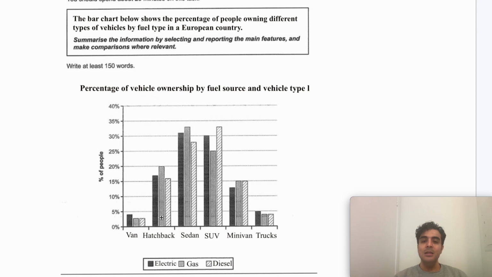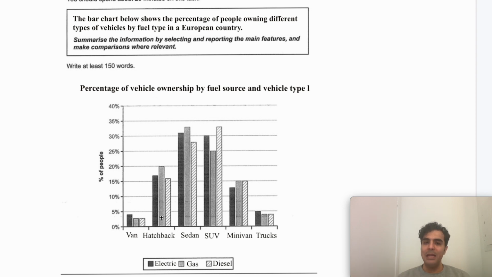You see, it's 20% of owners in the hatchback category who owned gas-fueled vehicles. This is important. If you miss any part of this, or you state it in a different way, chances are you're misrepresenting the data, or that you've misunderstood the data entirely. Okay, so these 3 steps summarize the first phase, which is understanding.